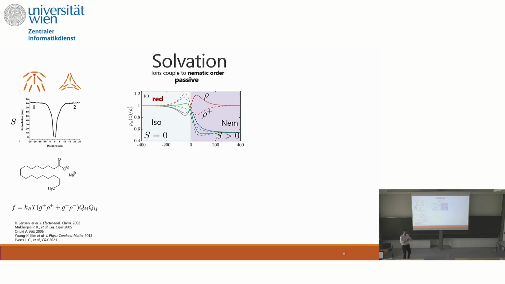And because different ions solvate differently in different fluids, we can actually get a charge separation at the boundary, if we look at the red curves, where the solid one is for negative ions and the dashed one is for positive ions. And so we can actually get an electric double layer, but this time in the bulk. So we don't actually need any surface. This can happen in the bulk.